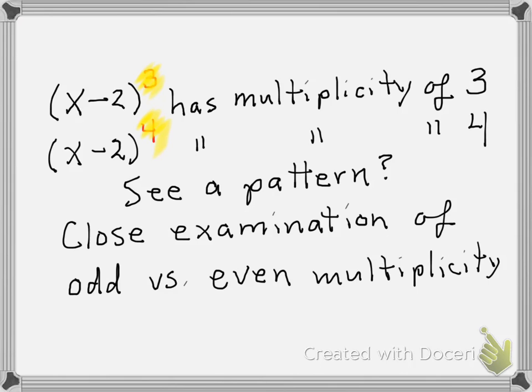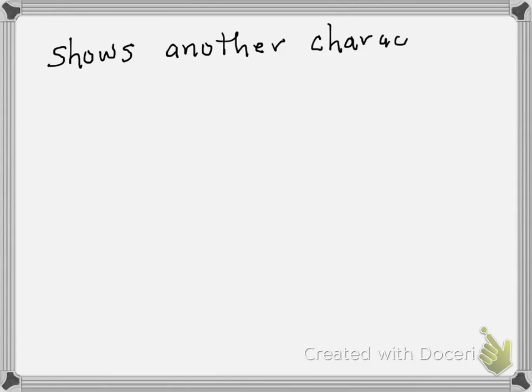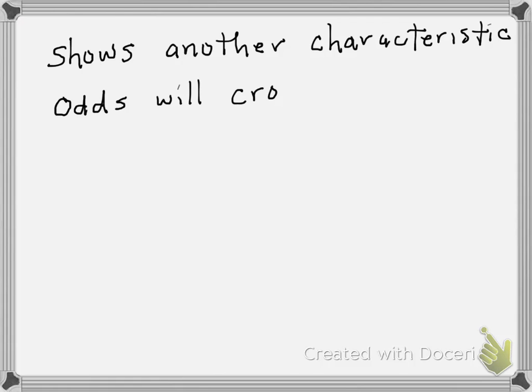All right, so odd multiplicity. When it's an odd multiplicity, we get another pattern, and that is the odds are going to cross the x-axis, and the evens are going to touch the x-axis.